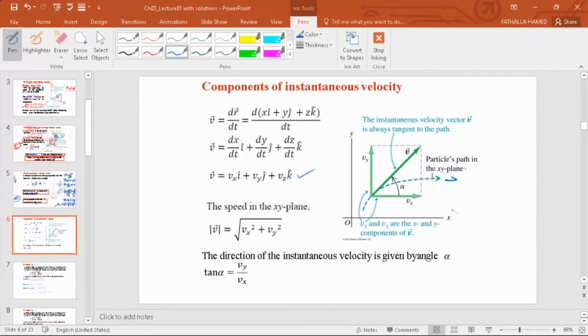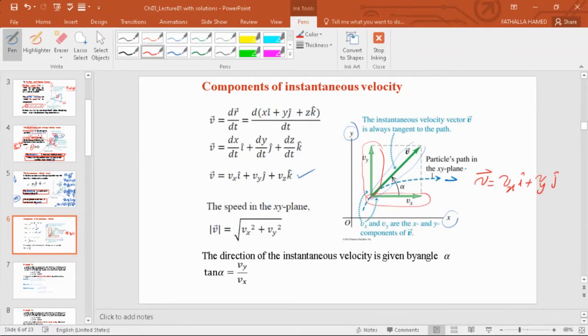Now we can look at a velocity vector in 2 dimensions. So that's your velocity vector here in 2 dimensions, and it will have an x component and a y component. In this case, we can write v as vx i hat plus vy j hat.